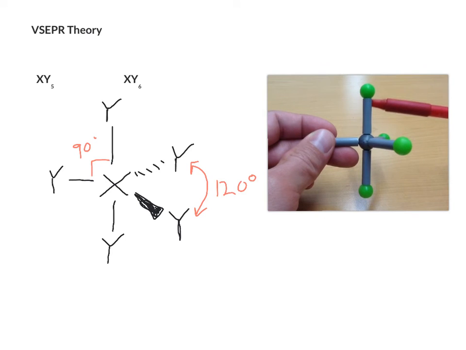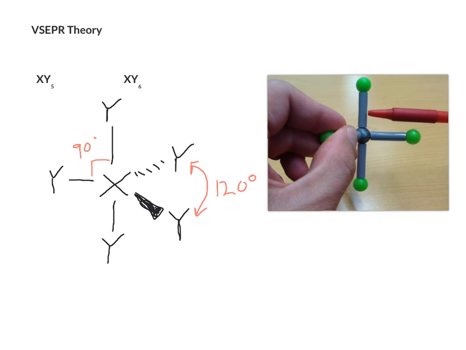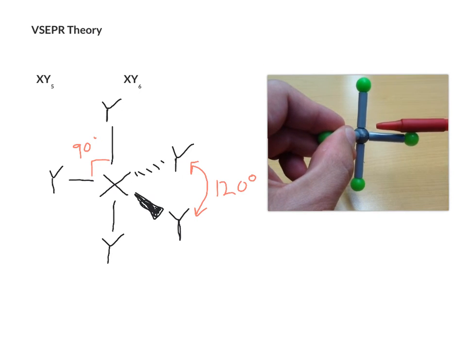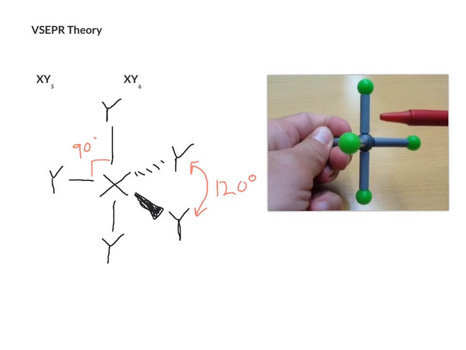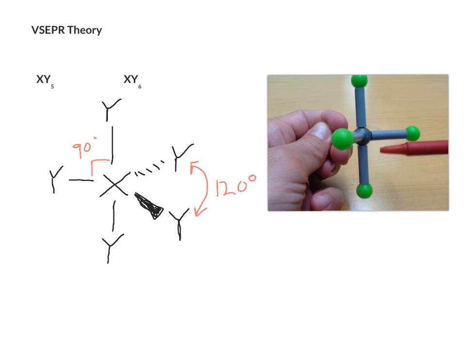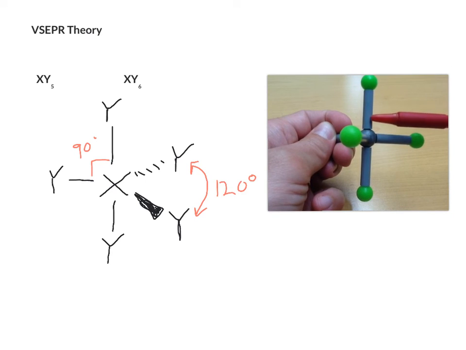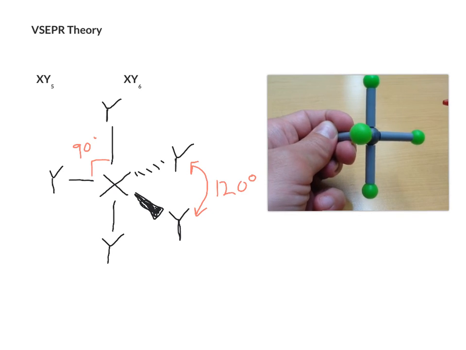Those are axial positions. And you can see if I turn this way, that 90-degree angle, 90 degrees, 90 degrees, 90 degrees. The bond angle between the axial and equatorial positions is 90 degrees.